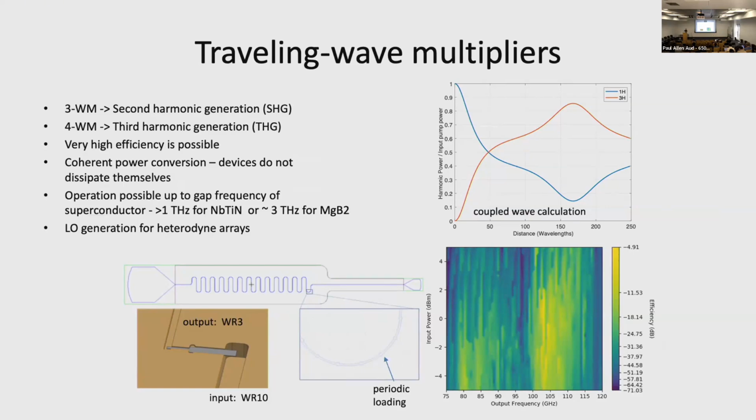This is another device with applications to astronomy instruments. It's useful to have efficient multipliers at high frequency. But a similar device could also potentially be used as an up converter. So you could up convert microwave to millimeter wave signals coherently.